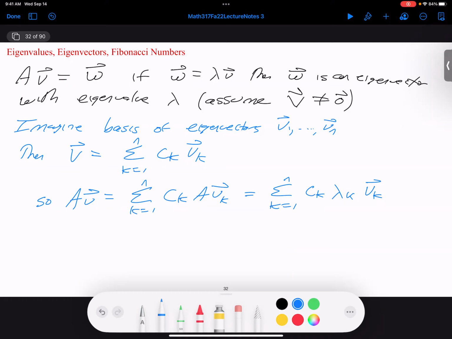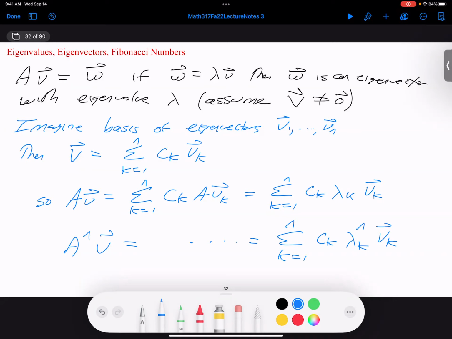Why is this particularly nice? Well, let's say I want to calculate A to the n of V. That would just be the sum, k goes from 1 to n of ck lambda k to the n vk. And now you really see the power of having a basis of eigenvectors.